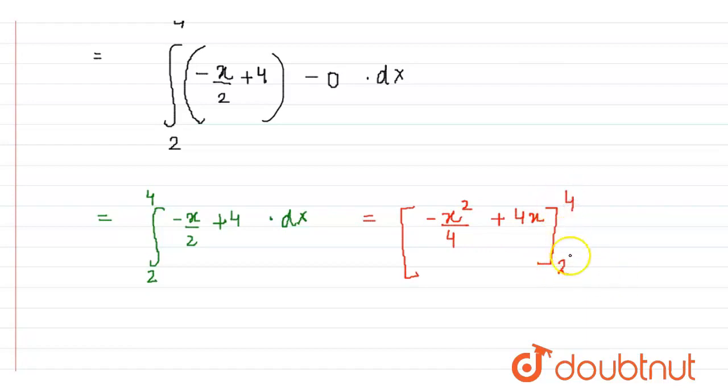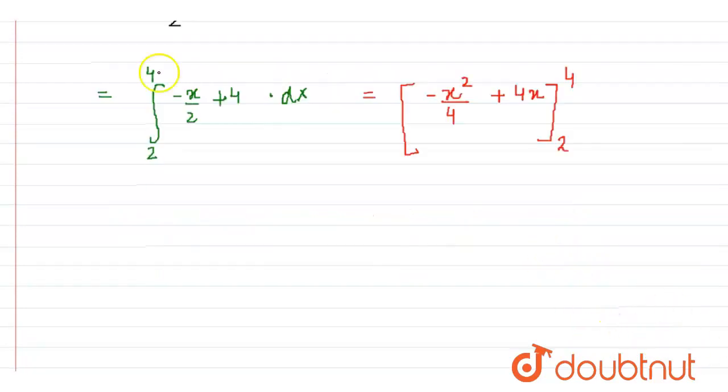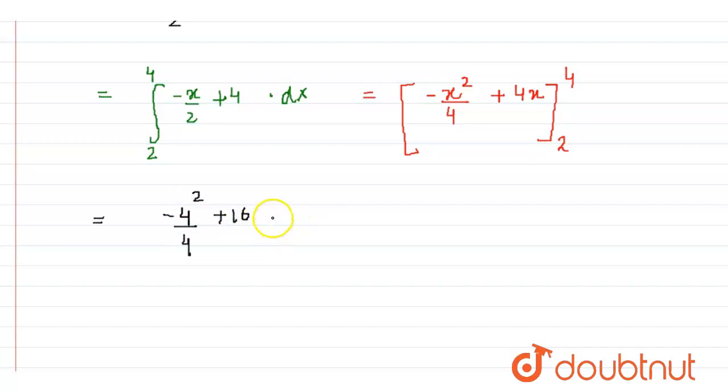Now I am going to put the upper limit minus lower limit. So we have upper limit, minus 4 whole squared over 4 plus 16, minus the lower limit, minus 4 over 4 plus 8.